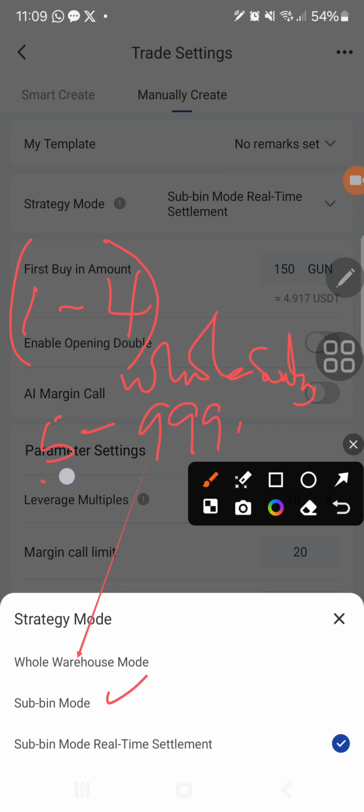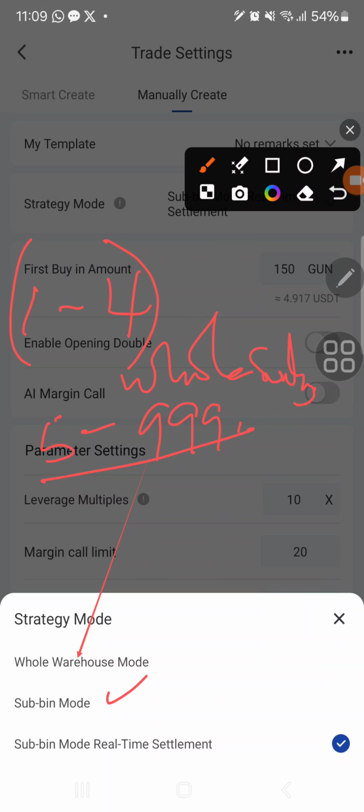This simply means that when the market goes down, the bot will continue buying and selling for you, depending on your capital. From that, we go to the sub-bin mode settlement. The difference between this and this is that here you don't get your results.